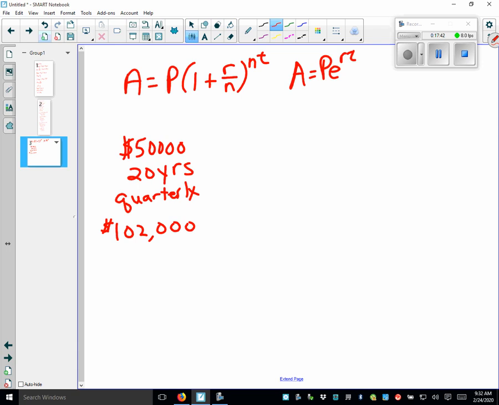Find the interest rate. Which formula am I using? The left one.